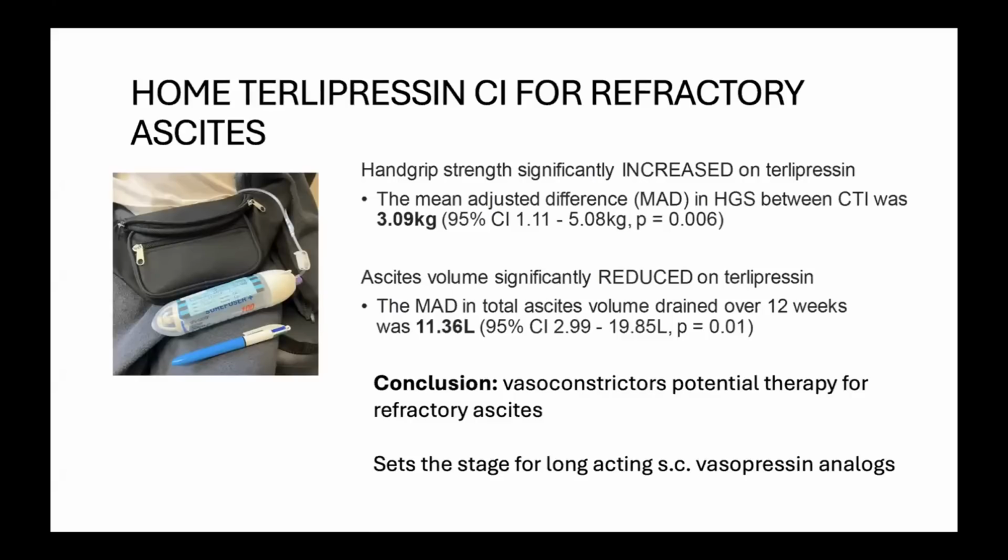So, for me, this suggests that there is potential for treating refractory ascites. I don't think the system of central line pump will ever generalize. But from a conceptual point of view, I think this is extremely interesting because there are long-acting subcutaneous vasopressin analogs in development, and this provides a further rationale for that, and we might see a new approach for medically treating refractory ascites.